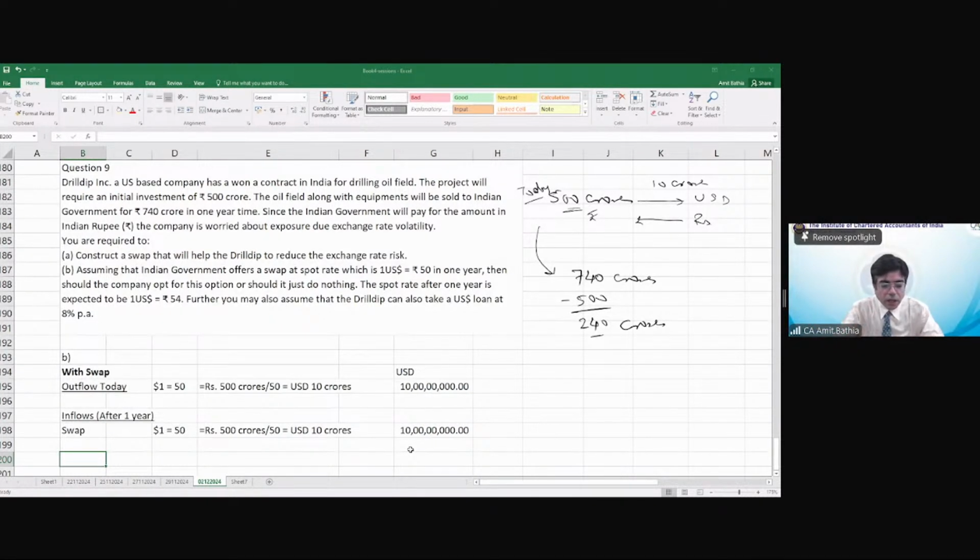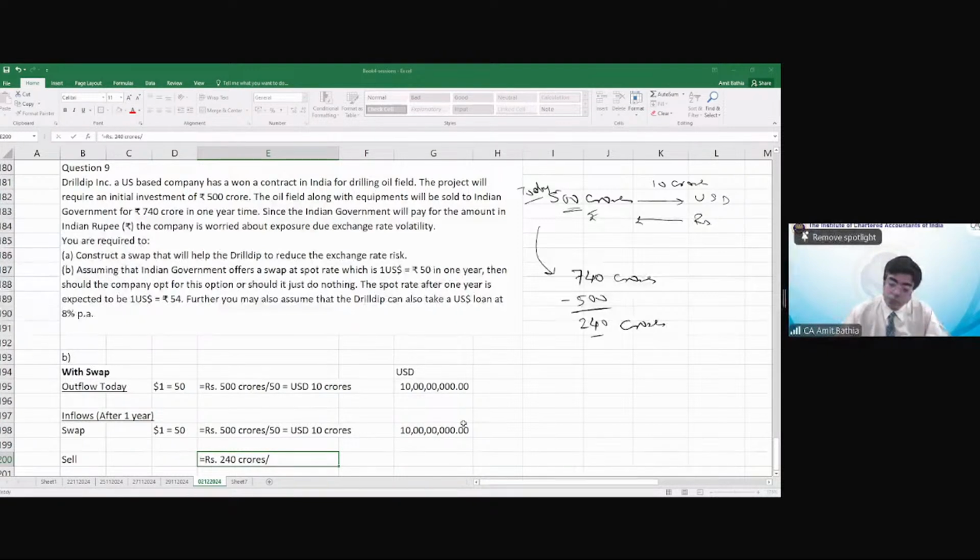Yes. All right. Now, how much is remaining? 240 crores is remaining. I still have another 240 crores, the profit, remember? How did I get this 240 crores? 740 minus 500. I have written it over here, remember? So 740 minus 500 is 240 crores, which is my profit element that I will have to convert.